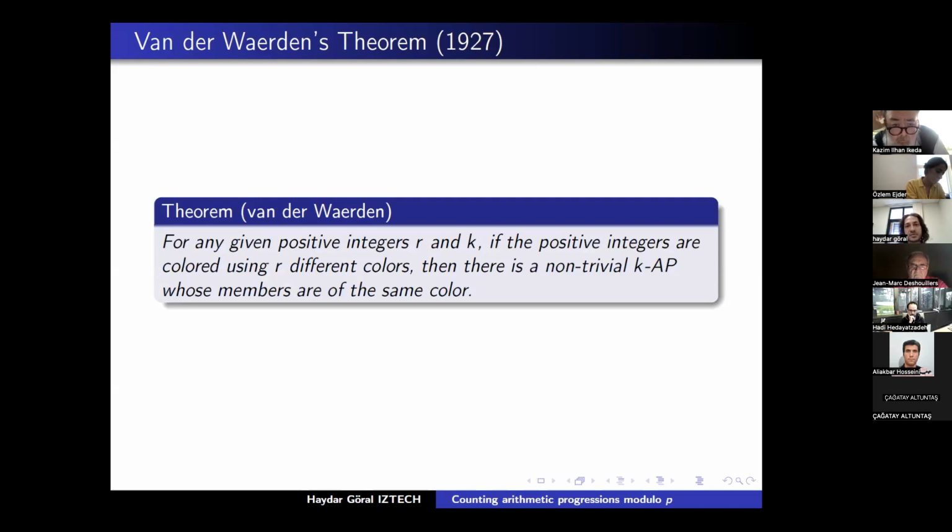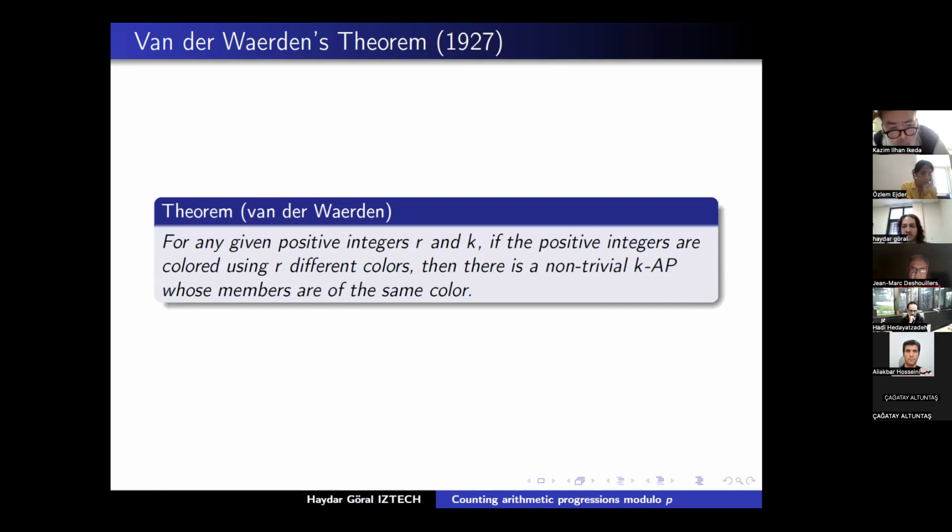The first famous theorem in this domain is the theorem of van der Waerden, and it basically states that you fix r and k. r is the number of colors, and k is the length of the arithmetic progression. If you color the positive integers using r many colors, then you can find a monochromatic k-term arithmetic progression.